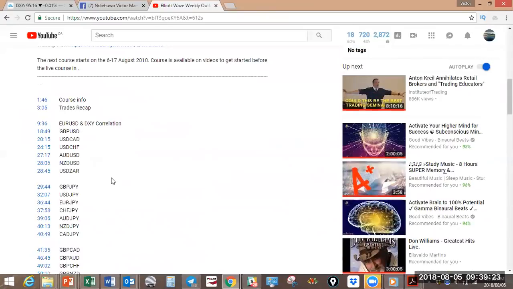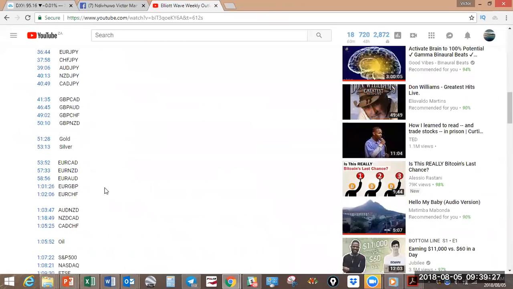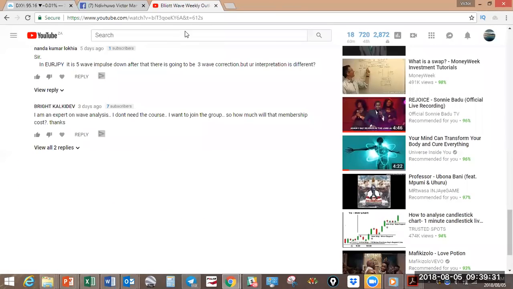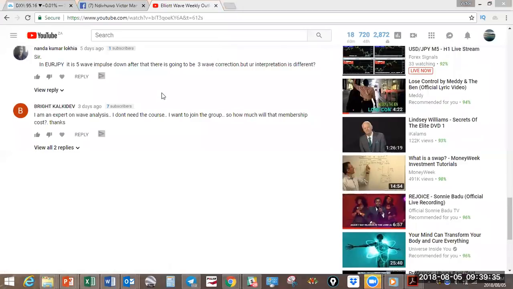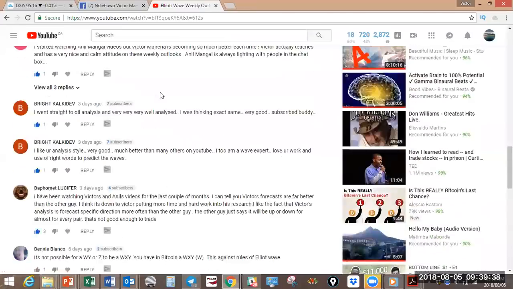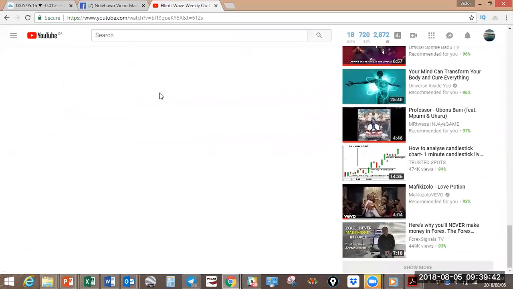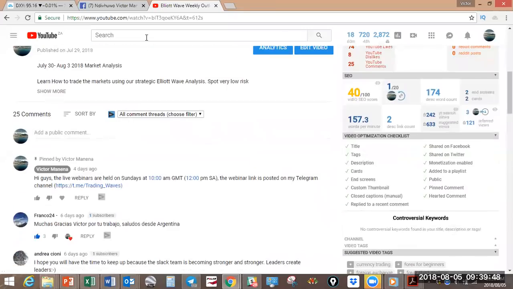On the description, you will find a tab that says show more, and the tab looks something like this. Before the comments, let's just get that one right. I need to go to show less first. These are the comments. Okay, click on show more. That's where you'll find it.